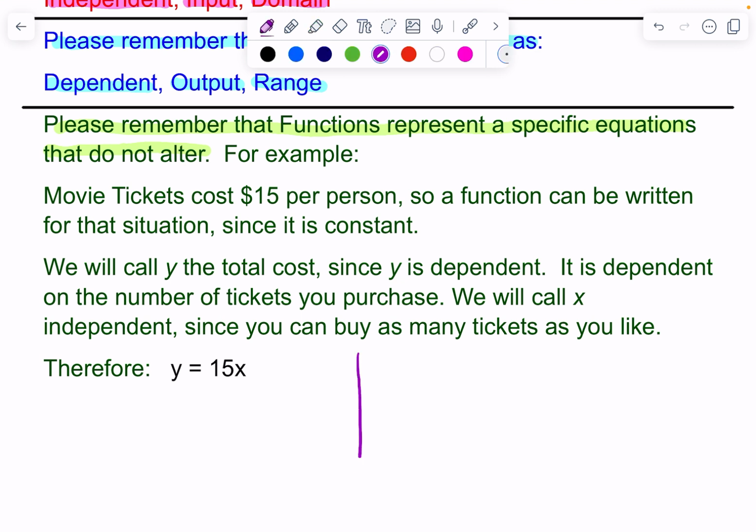And if you were to make a table here, okay, if you buy 0 tickets, you pay $0. If you buy 1 ticket, you pay $15. If you buy 2 tickets, you pay $30. That does not change. You can't buy 2 tickets and then your friend buy 2 tickets and have it be different costs, because then that would not be a function.